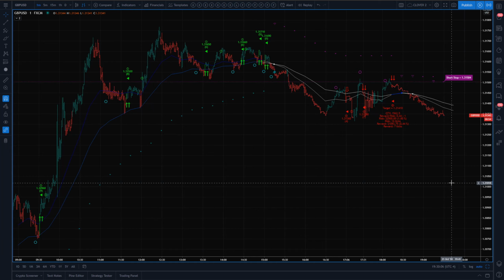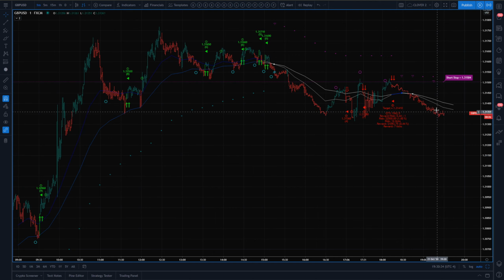So if you've ever traded CFDs overseas, or you use OANDA or FXCM, you have to take into account whether or not the instrument you're dealing with is in the same currency as your account currency. Since I'm in North America, specifically in the United States, my account currency is United States dollars. But here I am trading something that is in British pounds.